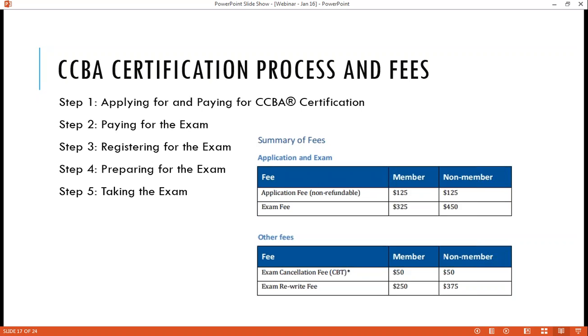Not that you will not, I'm sure you will. And if you want to rewrite the exam, it's about $250 for members. The same cost for non-members is about $375. Most of the organizations have employee development programs where they sponsor these kinds of exams. So go ahead and make use of that. It is always going to help you.